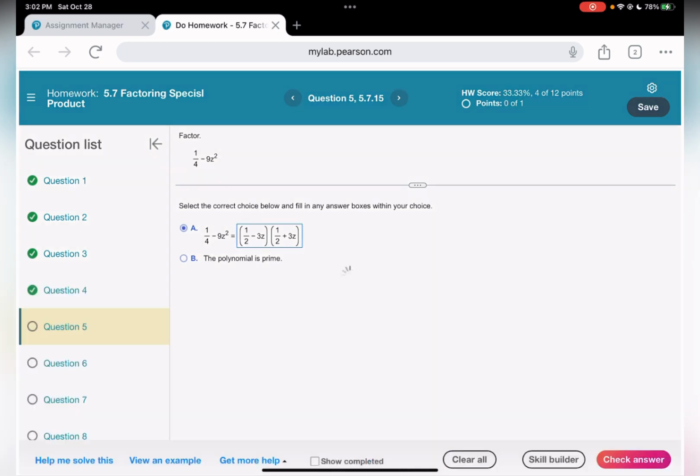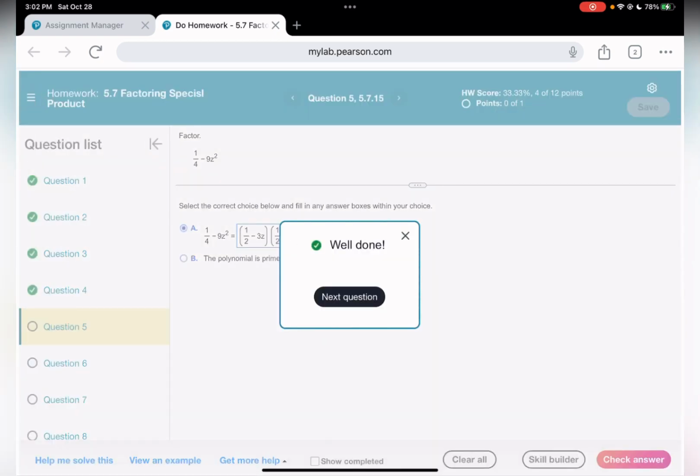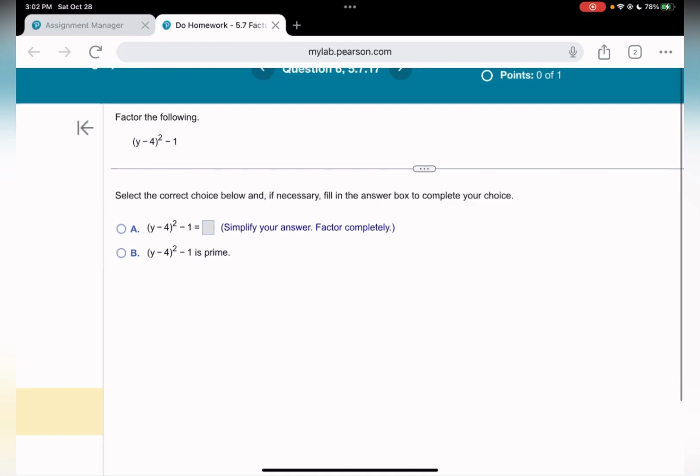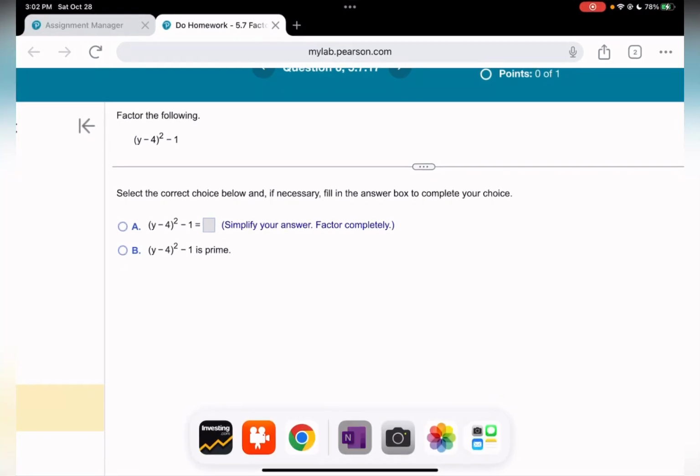Okay. Bingo. Moving to next one. y minus 4 squared minus 1.